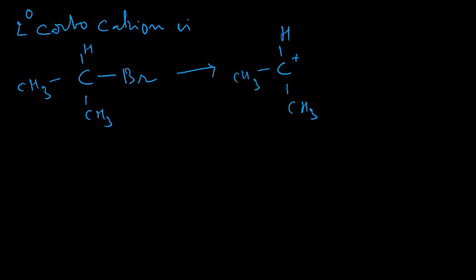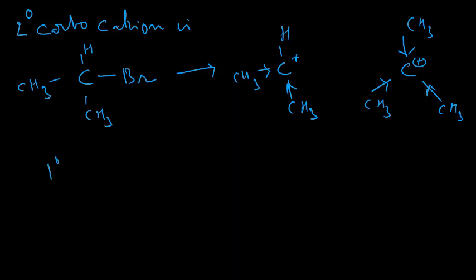So this is a secondary carbocation. In this secondary carbocation, the electron density is released by only two methyl groups, whereas in tertiary carbocation, the electron density is donated by three alkyl groups. Therefore, the compensation of positive charge is greater in tertiary carbocation when compared to secondary carbocation.